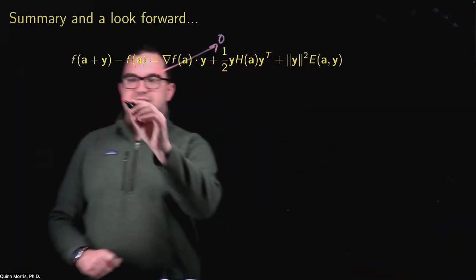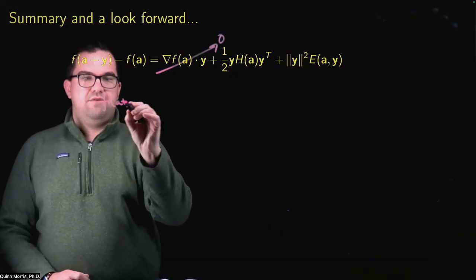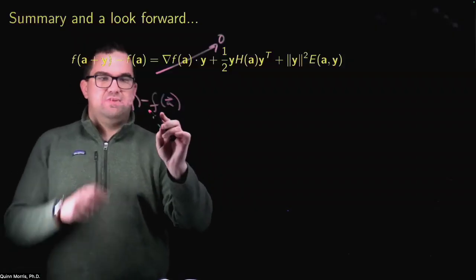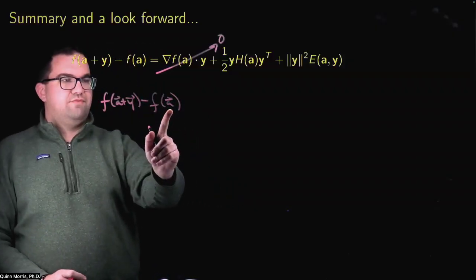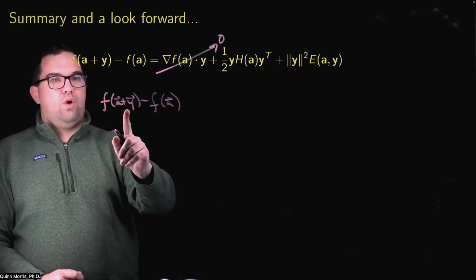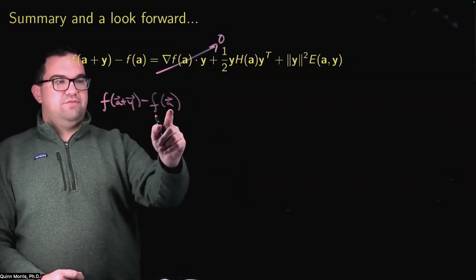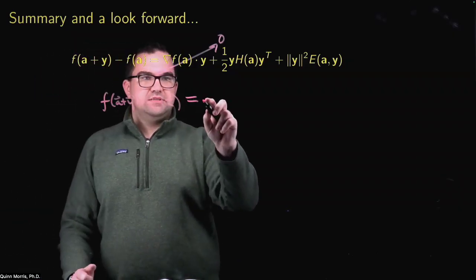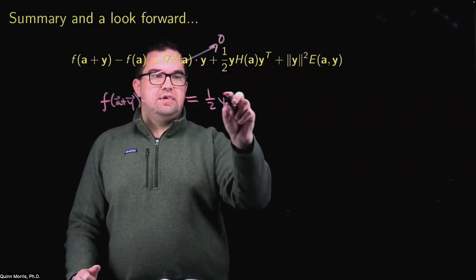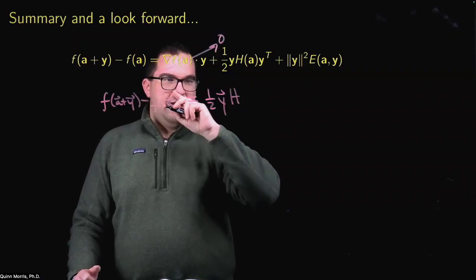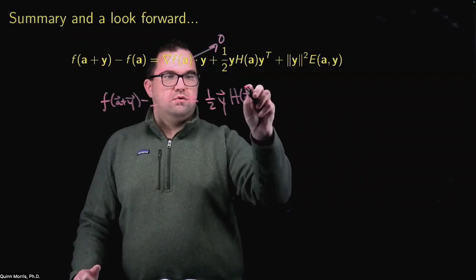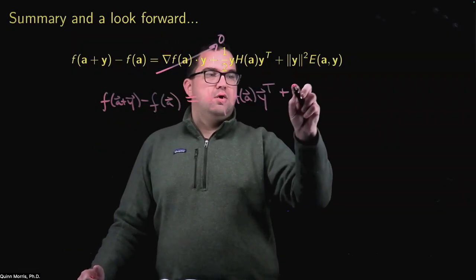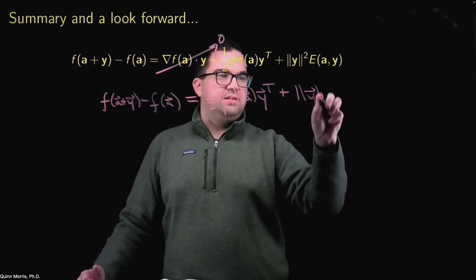So what I'll have is that the difference f of a plus y minus f of a, the difference between your function values at a and, if the norm of y is small, a nearby point, is 1/2 y H of a y transpose plus this error term.